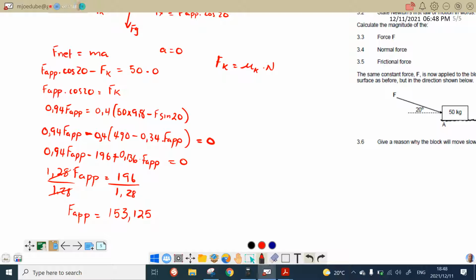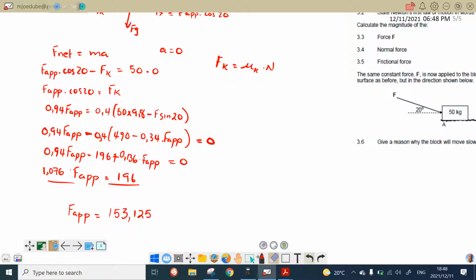So the answer here should be 1.076. FAP is equal to 196.